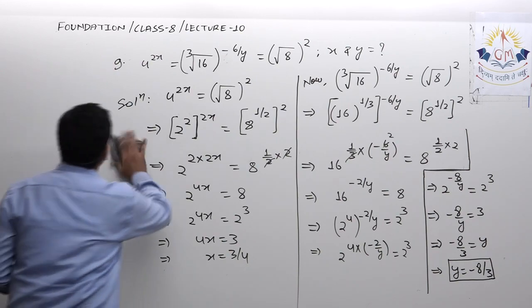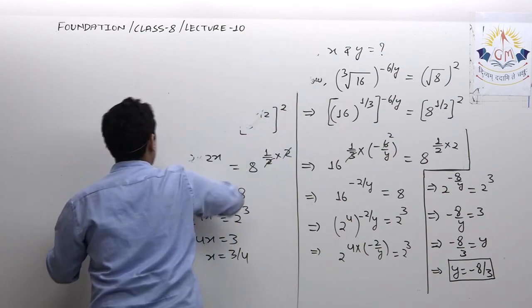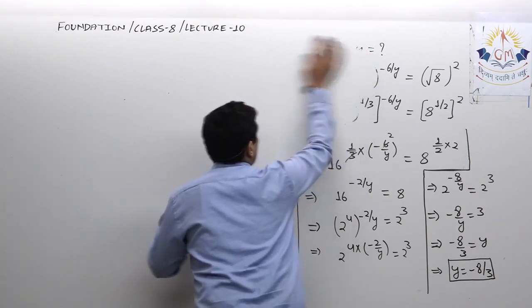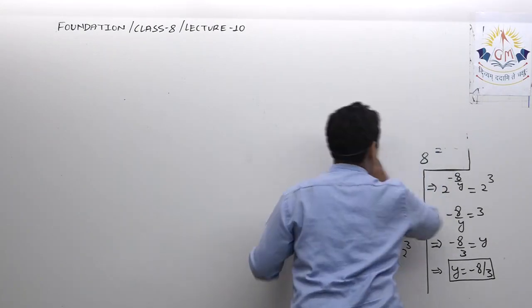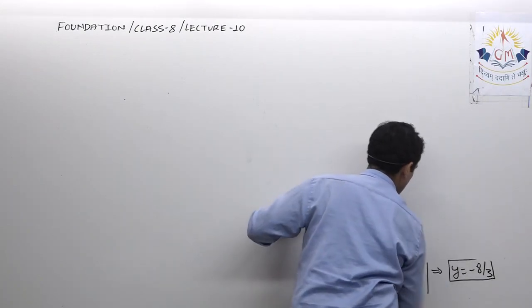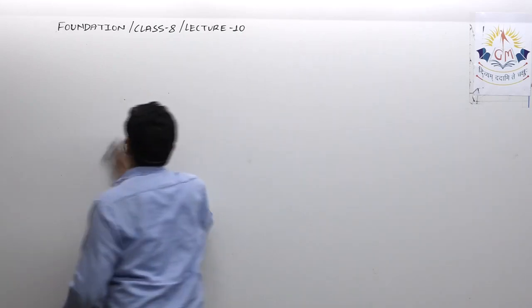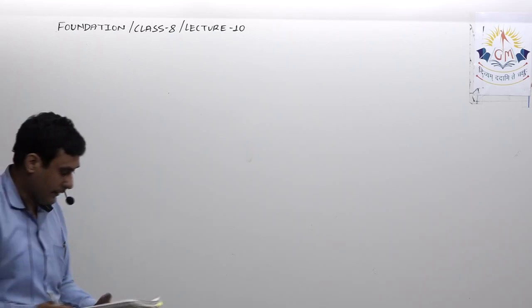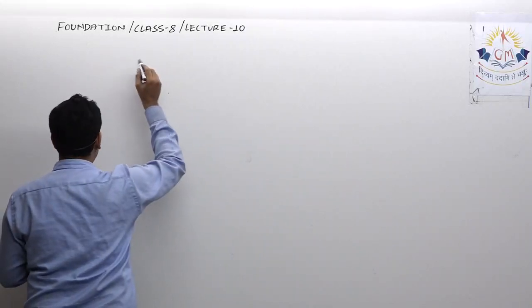Okay, now let us see the next question. Now the next question is again to find the value of the unknowns, x and y.